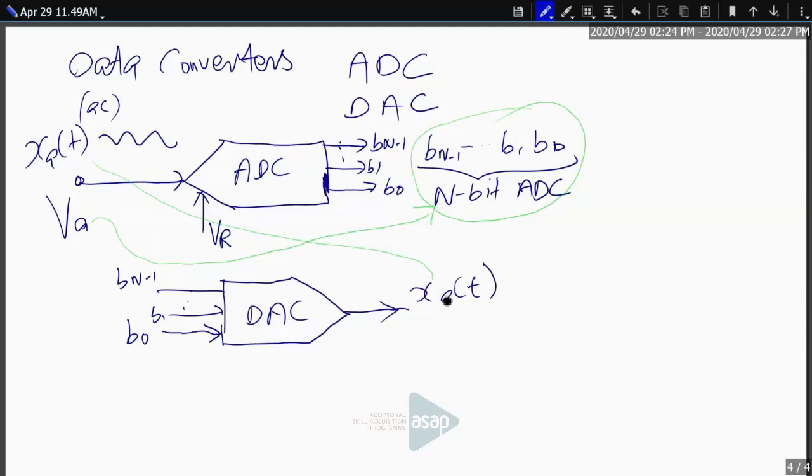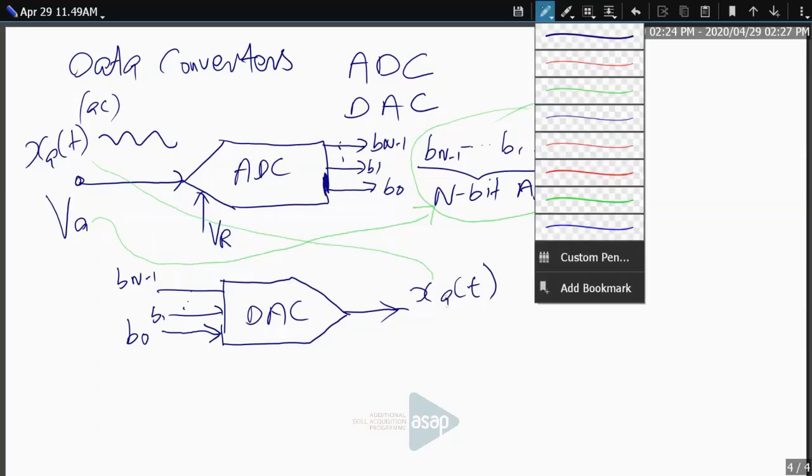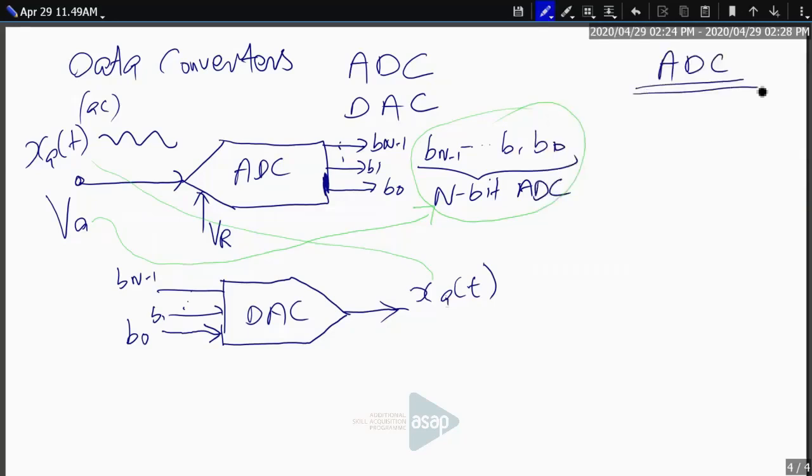That means our analog signal or voltage of magnitude VA is now converted into an n-bit binary equivalent, Bn minus 1 etc. up to B0. This is what the ADC is basically doing. In an oversimplified fashion, it looks like a one to many mapping system, one input line and n number of output lines. That is what the ADC is basically doing.